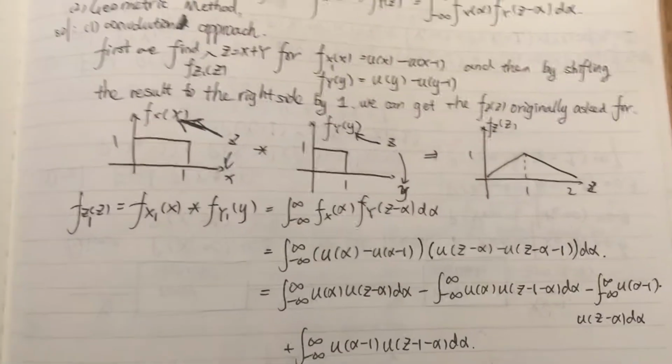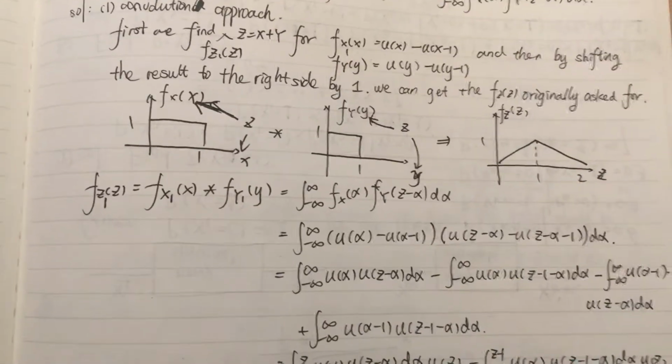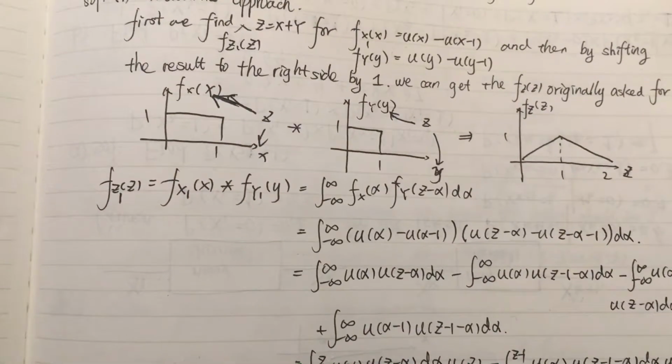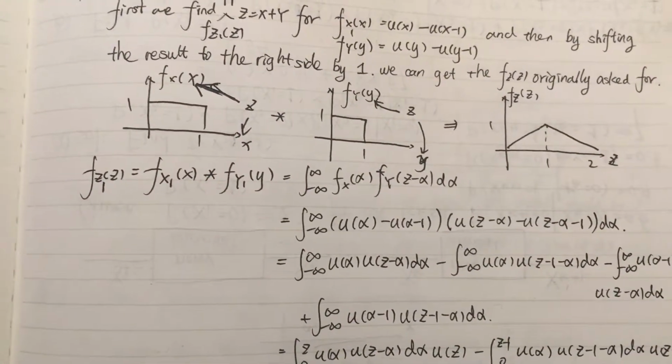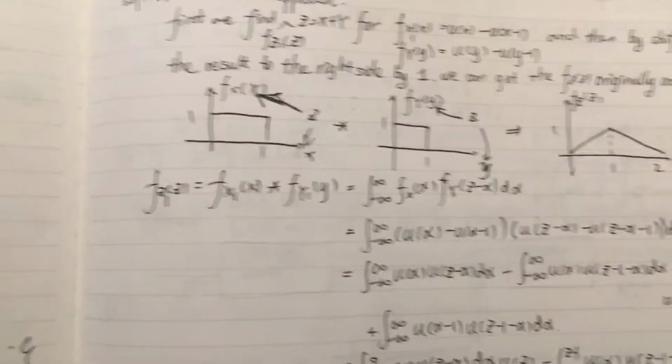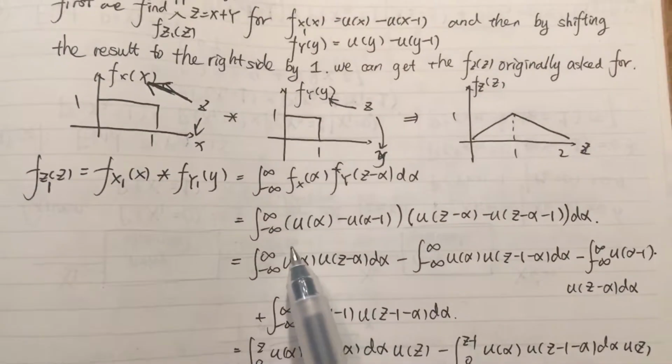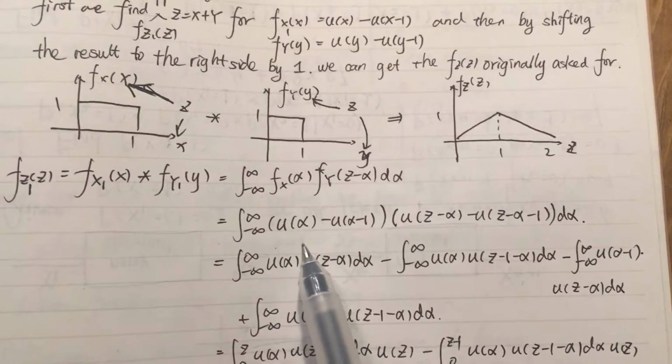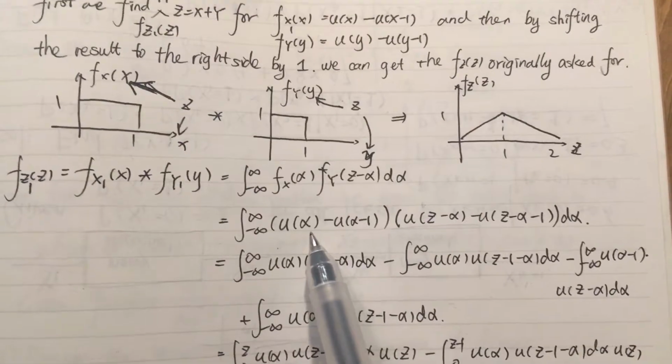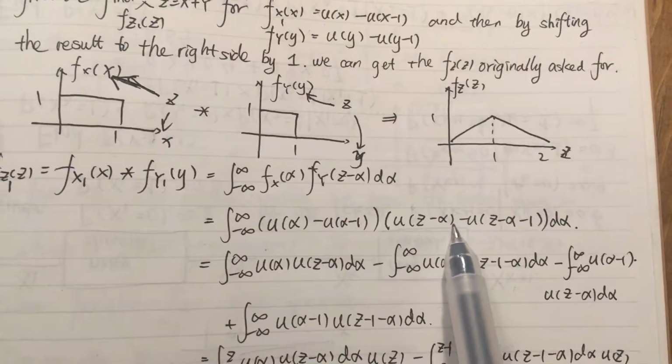By applying f_X1(x), we use the convolution method to calculate f_Z(z), which is listed here. The equation can be written as the integral of two different functions multiplied together.